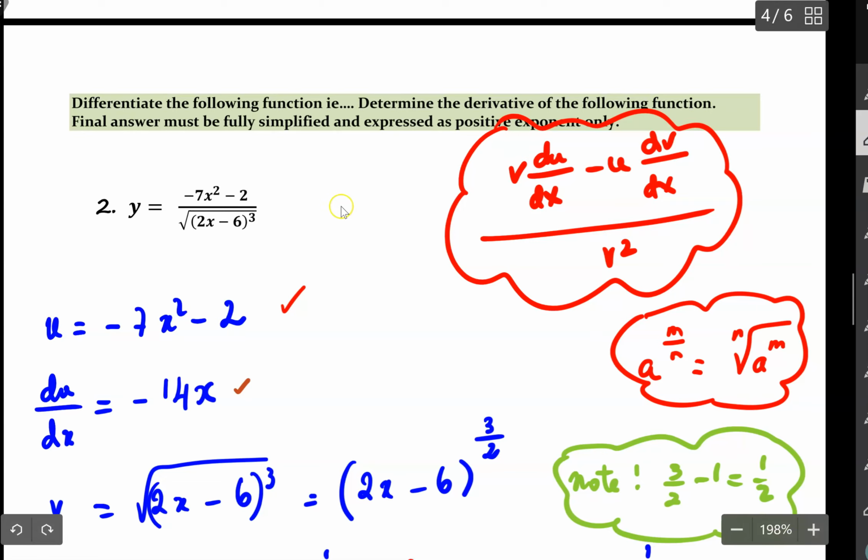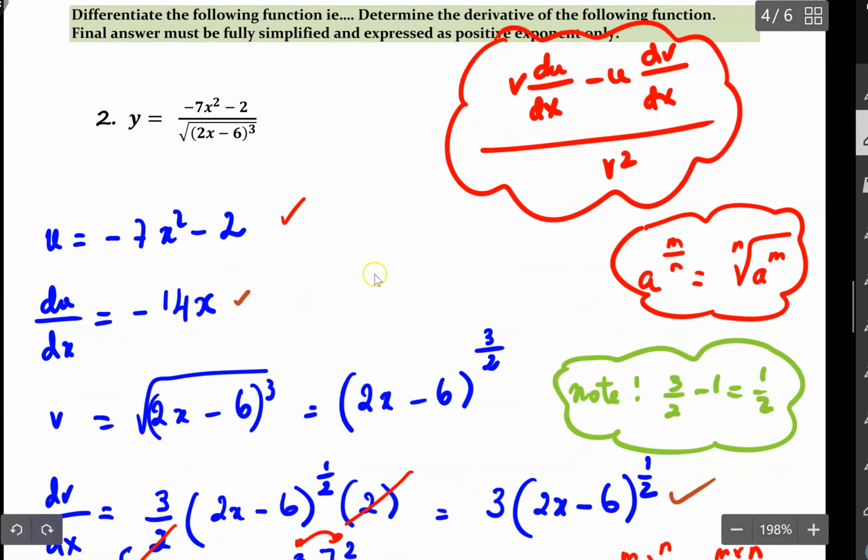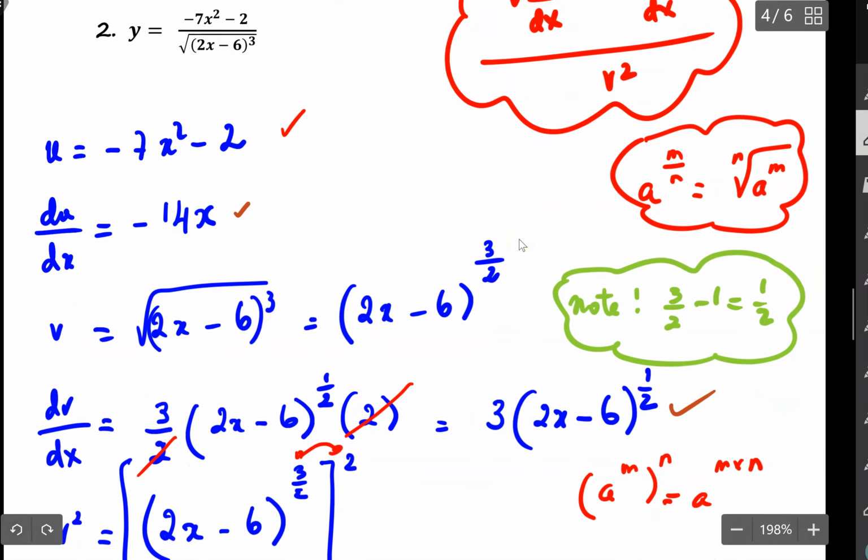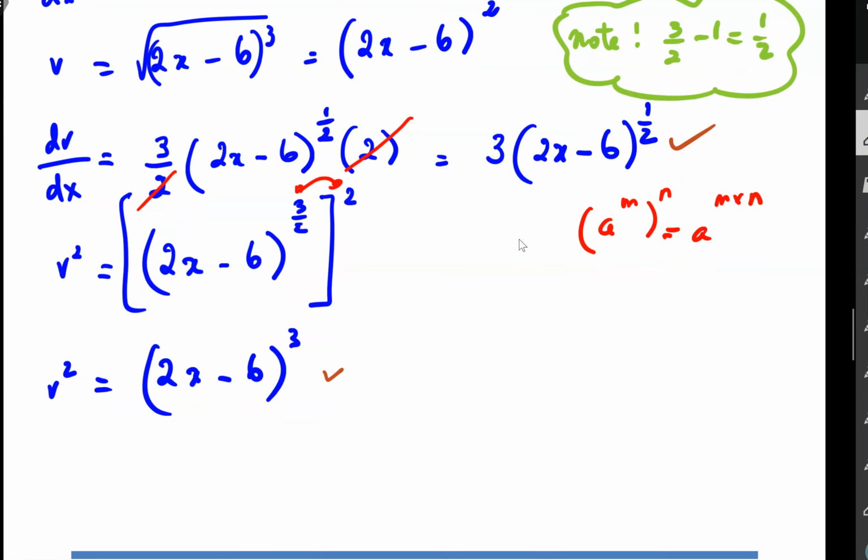Because the quotient rule for derivatives is invented for a reason, right? If we use this, we just have to identify u and v, differentiate u, differentiate v, find v squared, and substitute into the equation. And here's what we have done in the previous video.